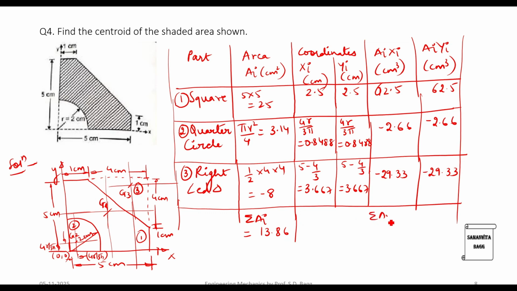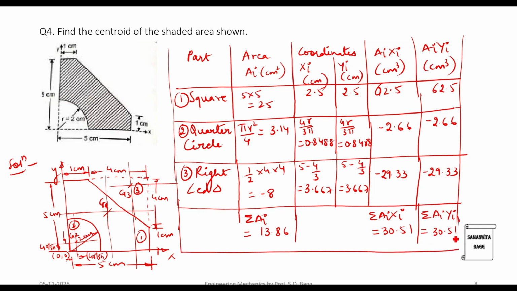We have summation Aixi as 30.51 and summation Aiyi. When you add all these values, you get 30.51. This is my total table.